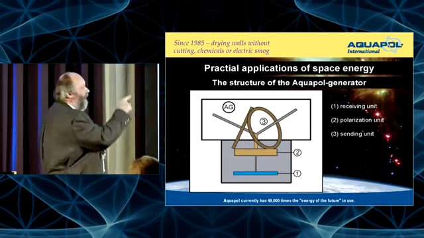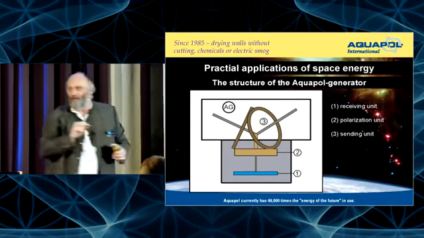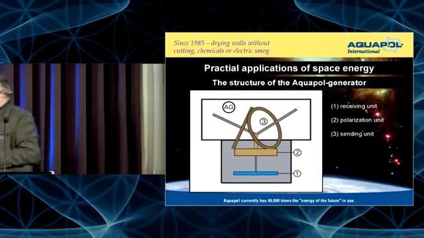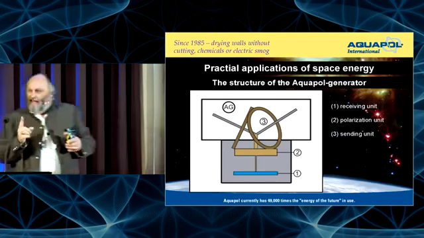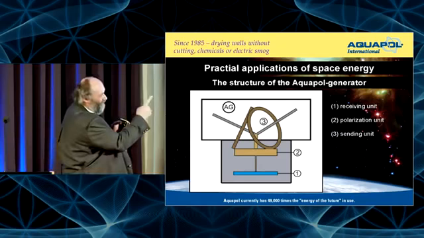So this receives my energy from the Earth, this gravomagnetic energy from the Earth. Second is the polarization unit. What does that mean? This energy from the receiving unit goes to the polarization unit and gets polarized. That means it gets correctly polarized to use it for dehydration.